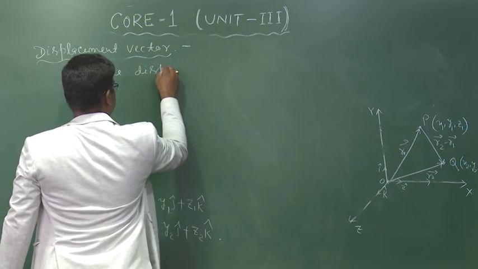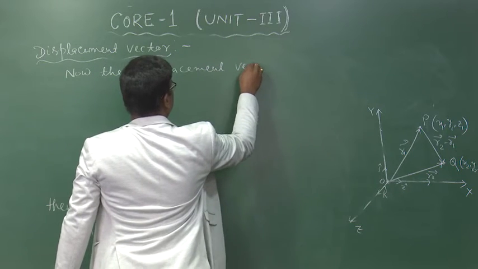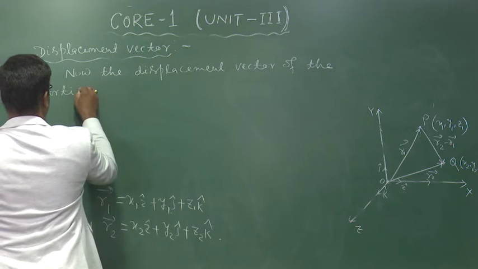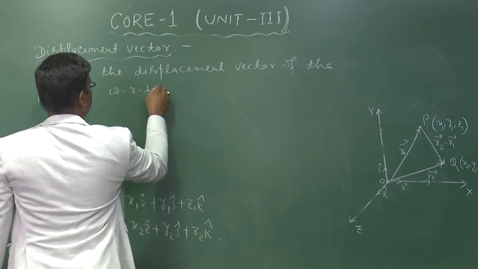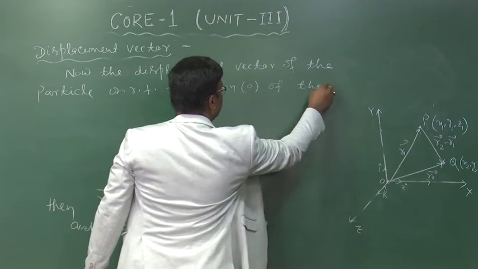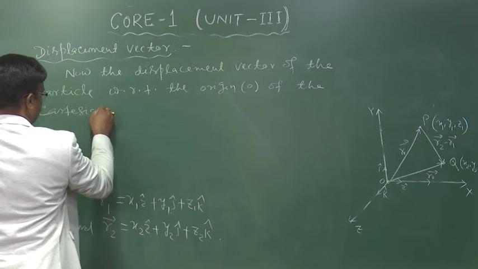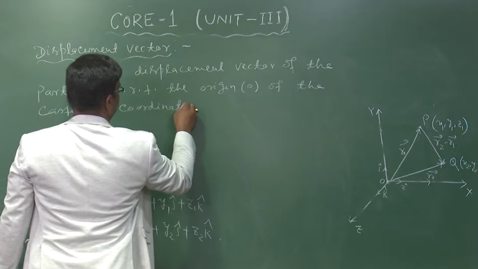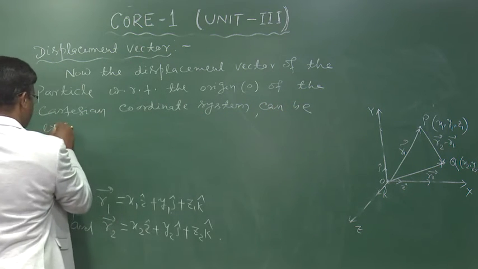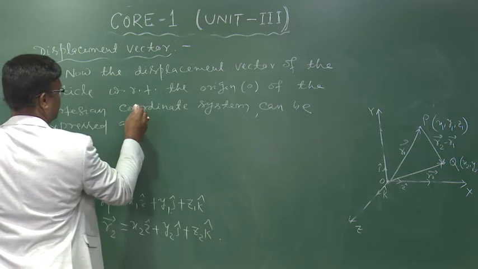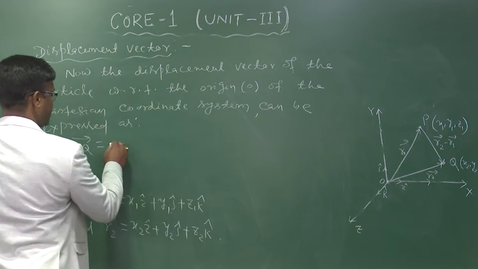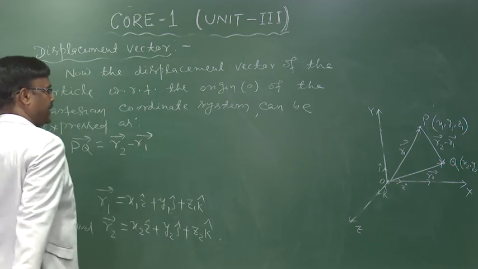The displacement vector of the particle with respect to the origin O of the Cartesian coordinate system can be expressed as PQ vector, which is equal to r2 vector minus r1 vector.